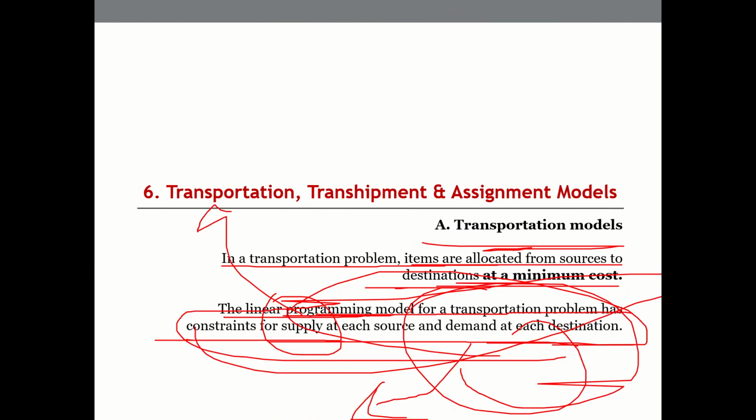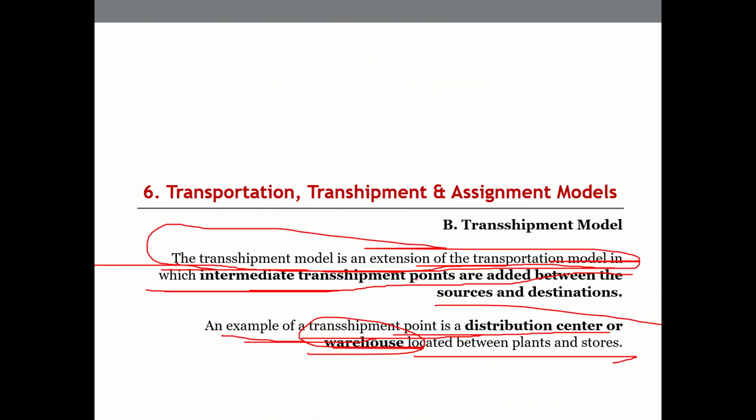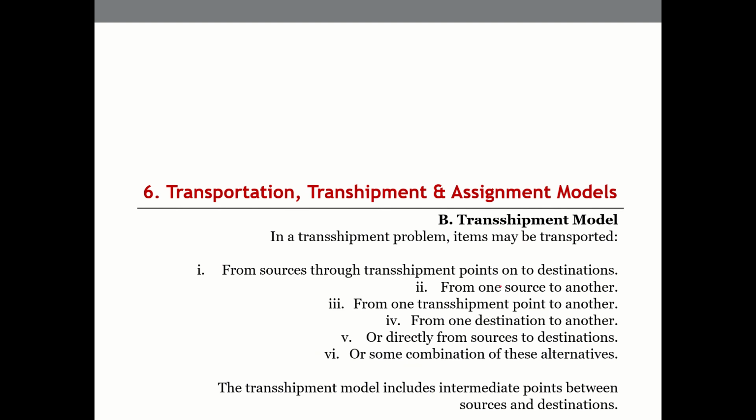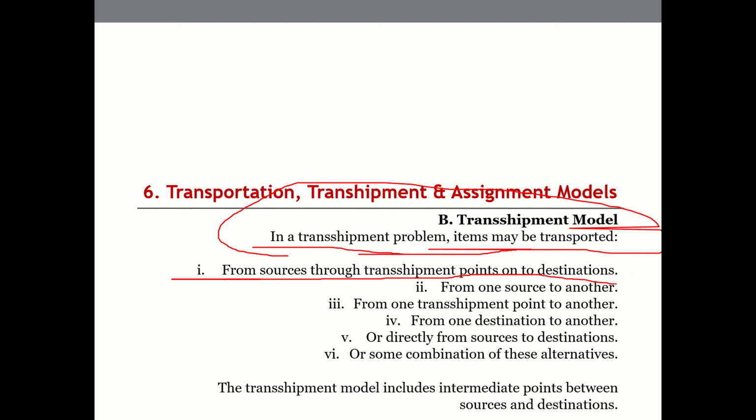So there is another node that comes into the picture, okay, where distribution centers, or where the product or things are stored before they're actually sent to the final destination. In a transshipment problem, items may be transported from source through a shipment point to a destination directly, from one source to another, or from one transshipment point to another.